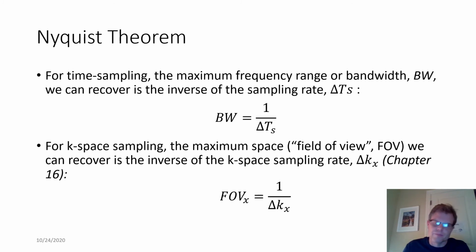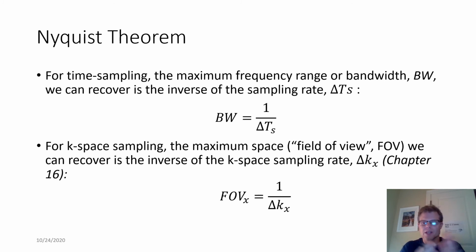And it's basically just a redefinition of the terms, but in the case of k-space sampling, as we'll get to more in chapter 16, the maximum space, which is the field of view, or FOV, that we can recover is the inverse of the k-space sampling interval, delta Kx.